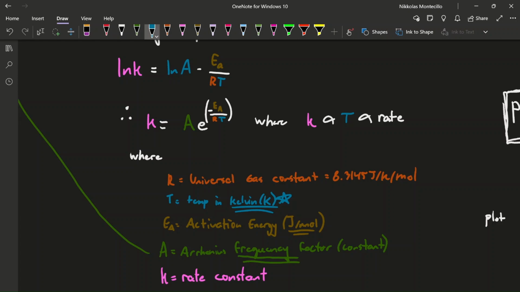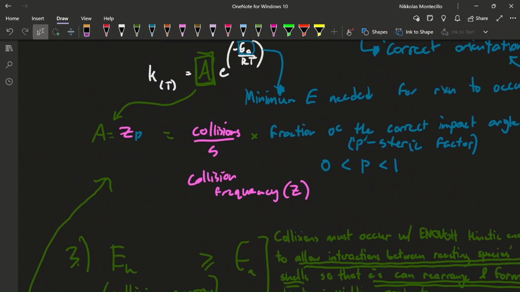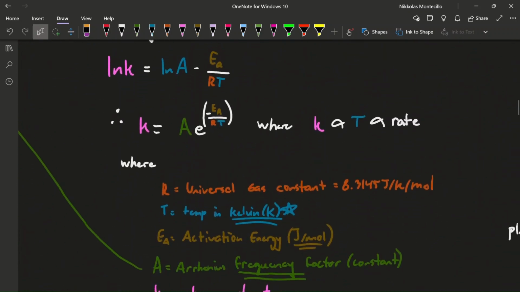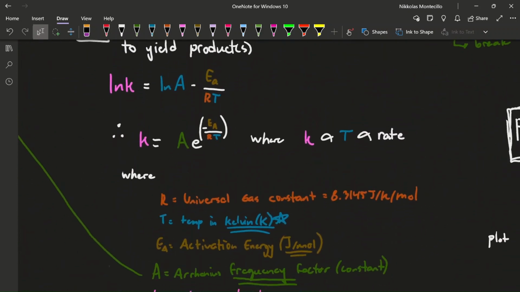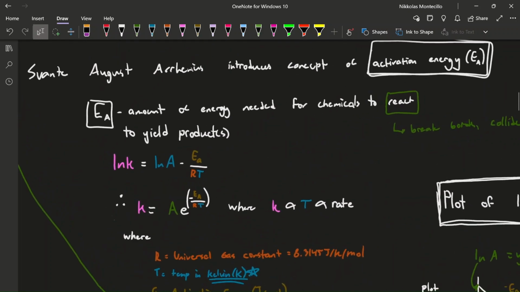The Arrhenius frequency factor, which I explained above, is comprised of the collision frequency and the fraction of molecules colliding at the correct impact angle. And k is equal to the rate constant.